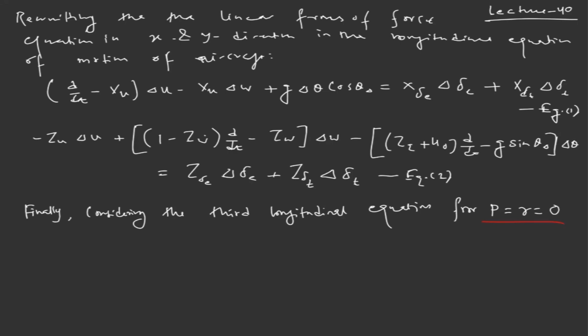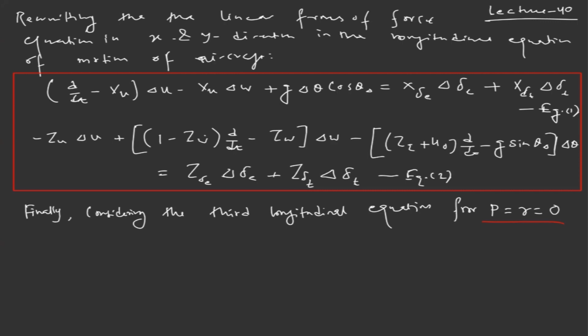So basically this is the linear form of the forces along x and z direction. Now we are going to find the linear form of the moment equation in the longitudinal motion.